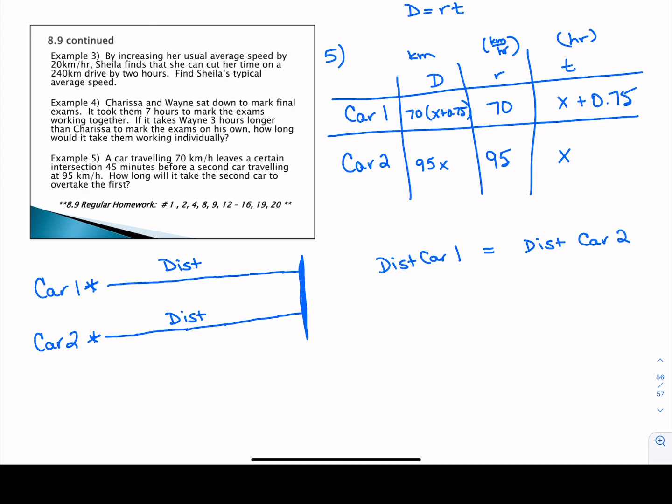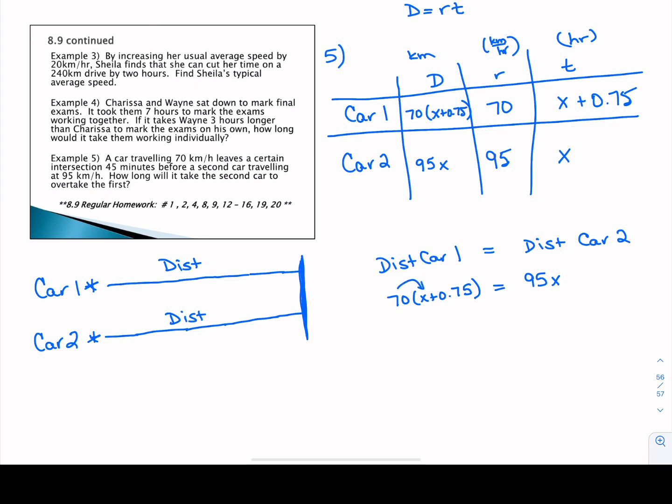Now go back to your chart. We know the distance for car 1 is 70 times x plus 0.75. So when is that distance going to be the same as car 2, which we know is 95 times x?